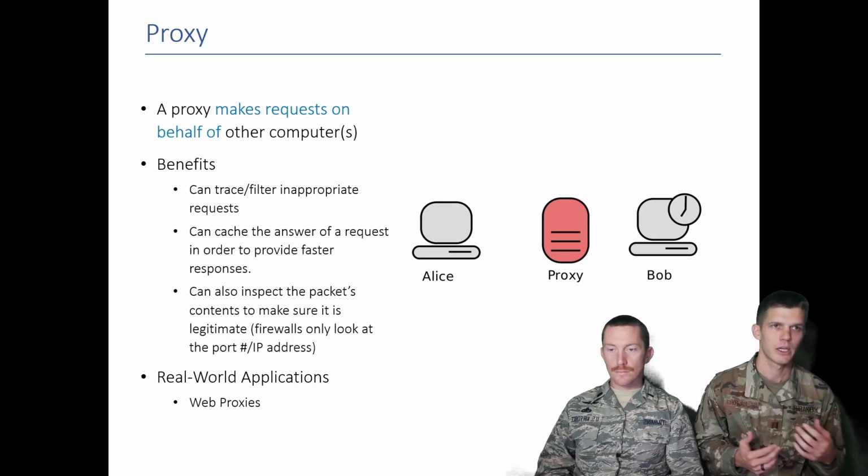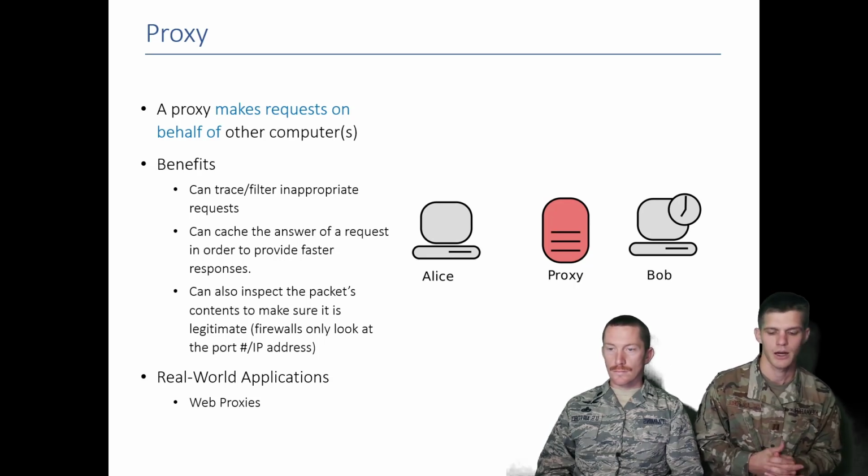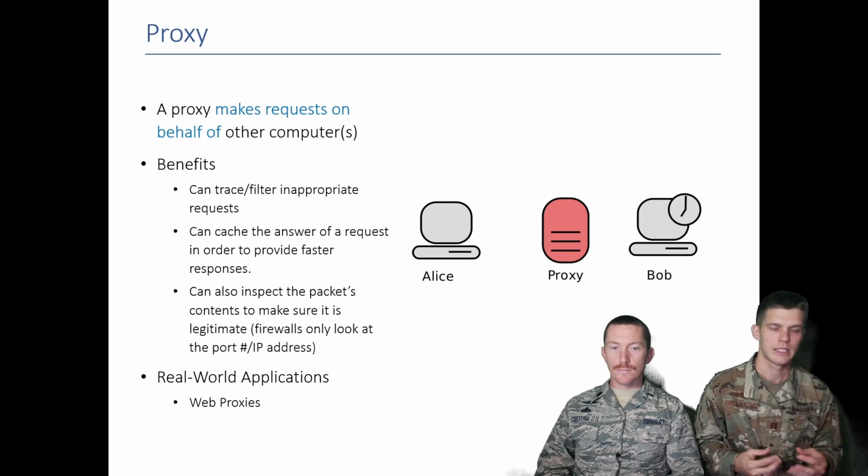This can be really good when we want to monitor traffic on our networks, when we want to see what sites people are going to, but it also has some negative consequences in larger terms of security, because the proxy has to be able to understand and read that traffic.